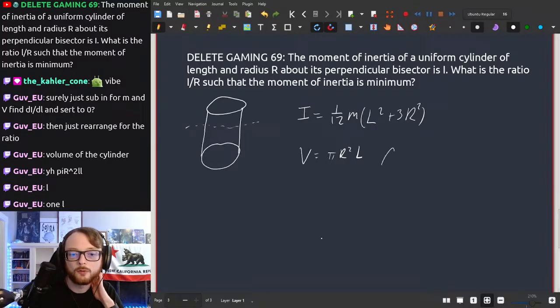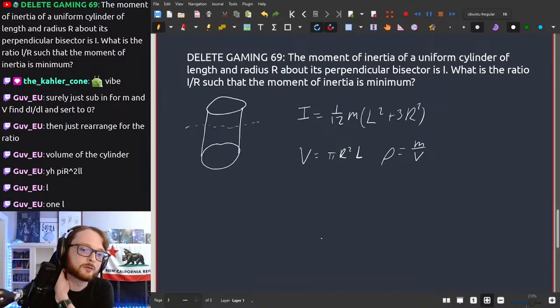And then you also want, if I'm subbing something in for M, I assume you want to bring density into the picture.